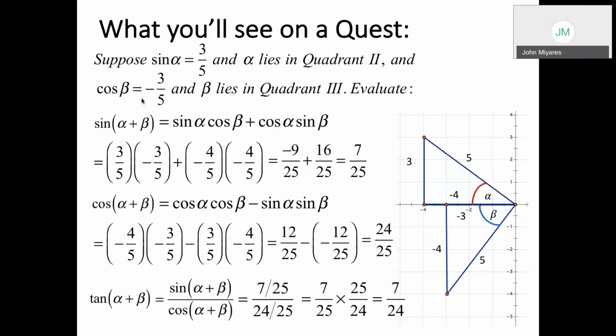So again, we approach this by constructing reference triangles based on the information we're given right after the word suppose, and then we're going to use those reference triangles when applying the identities. This approach is going to get you through several of the problems on the homework and on the next homework.